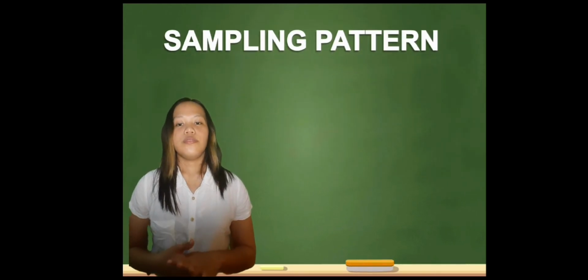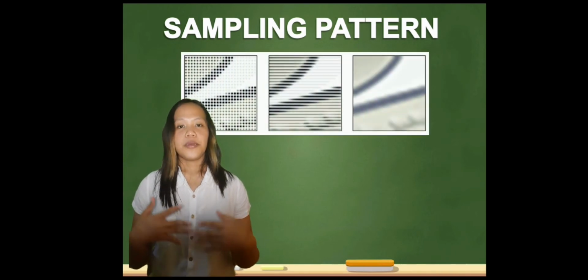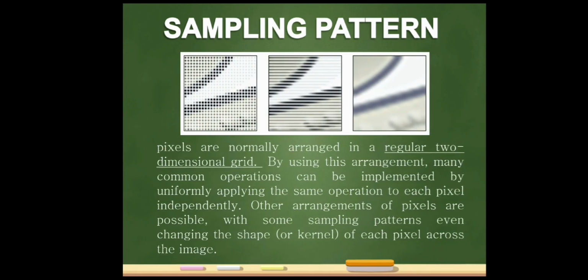So let's go on: pixel sampling patterns. Pixels are normally arranged in a regular two-dimensional grid. By using this arrangement, many common operations can be implemented by uniformly applying the same operation to each pixel independently.